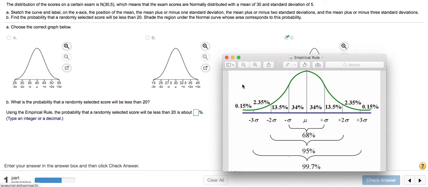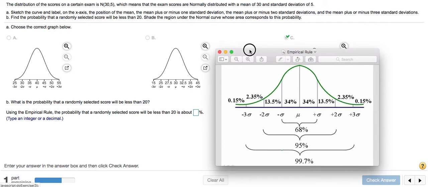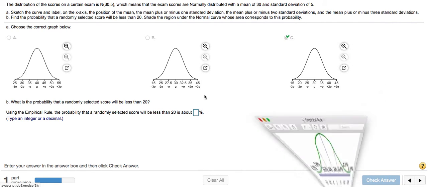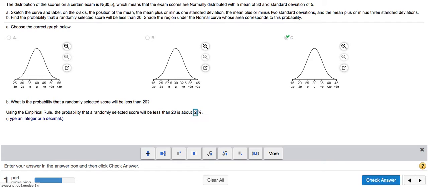So the way you can figure out the correct percentage off of this chart is by going 2 standard deviations away and then adding up these two percentages because it would correspond to this area. So that's 0.15 added to 2.35. That's 2.5%. So that's the value that we want here.